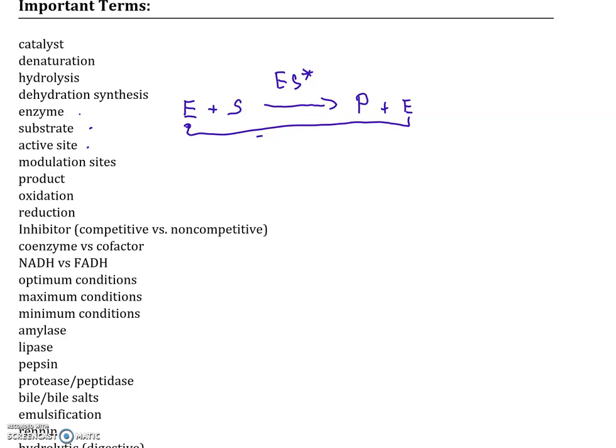So an allosteric inhibitor would bind to a different site on the enzyme, and it changes the active site, and then the substrate doesn't fit anymore. So there are modulation sites. In the end, after an enzyme reaction is done, we're releasing a product, and that's shown here, abbreviated as P.